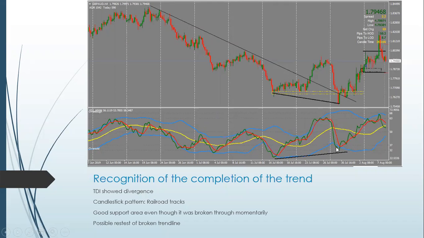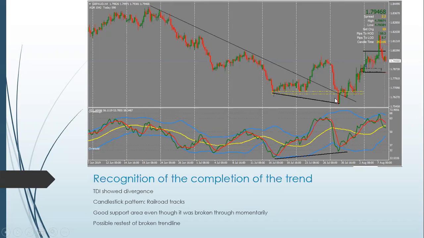Once it's out of the band, it has to reach at least the middle of the actual band itself, right? So here on price, we have lower lows. On the indicator, we have higher highs, right?